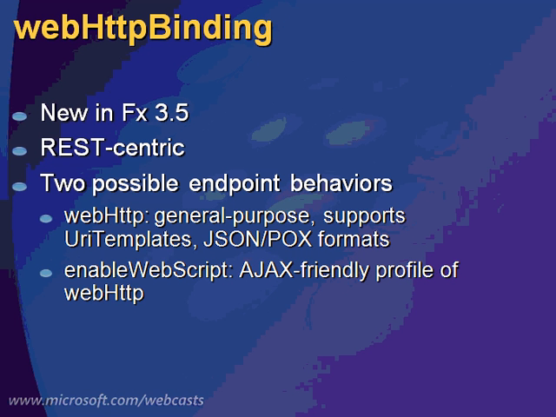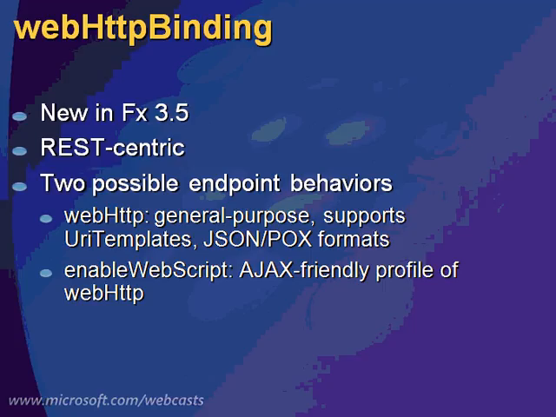So, next thing, the web HTTP binding. I already kind of introduced that to you. This is the binding available in 3.5 that gives us that REST-centric, or as some people call it, web-centric binding. What's really cool about web HTTP binding, specifically with regards to AJAX, is that we have an endpoint behavior called enable web script, which gives us this AJAX-friendly profile.